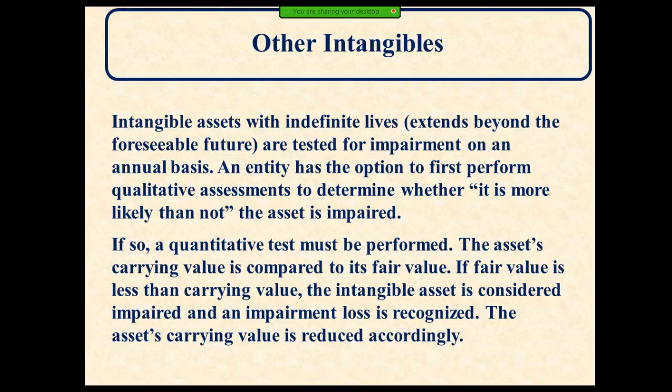If it is, then a quantitative assessment needs to be performed and carrying values compared to fair values. If fair values are less, then that intangible is impaired and we need to recognize the loss.